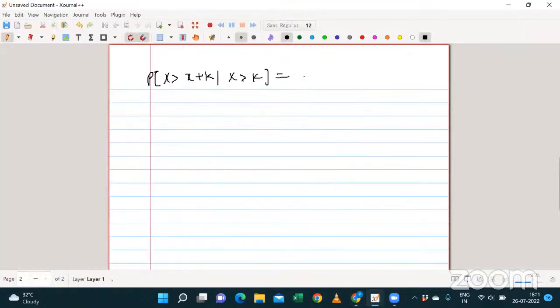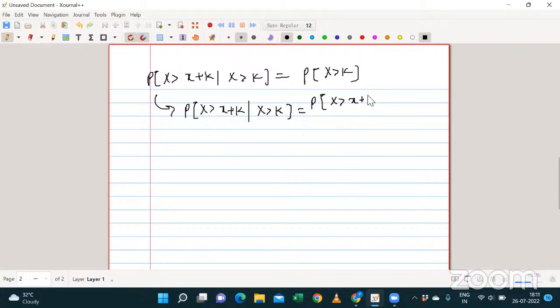Now just proceed with this. So can I write probability X greater than x plus k intersection X is greater than k, divided by probability X is greater than k, right?